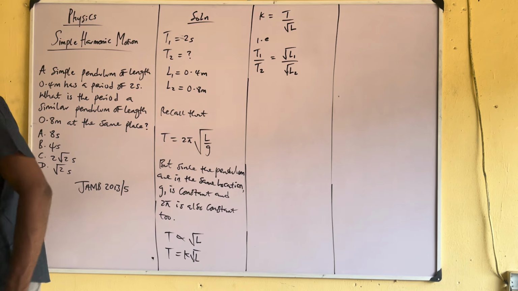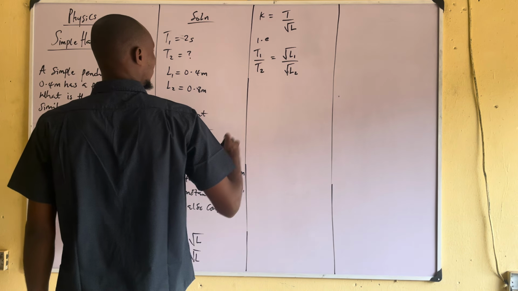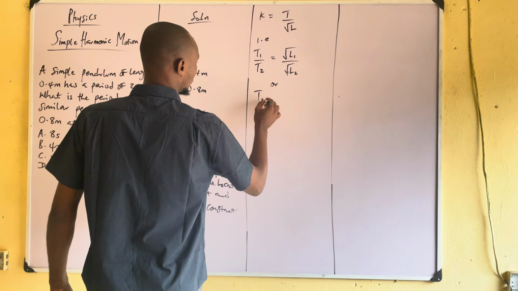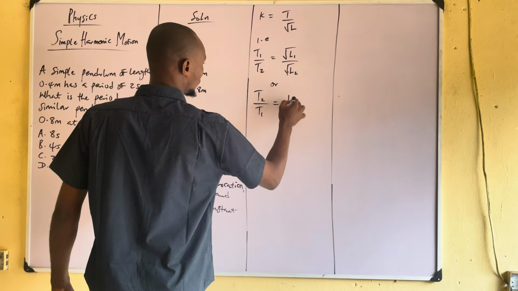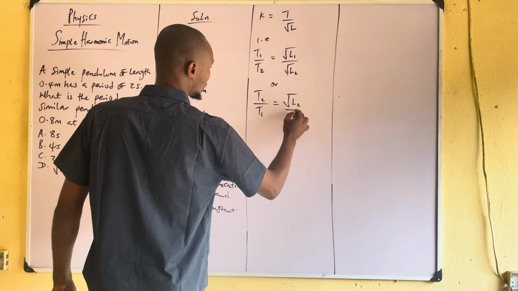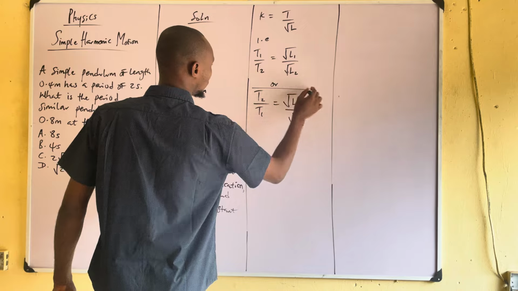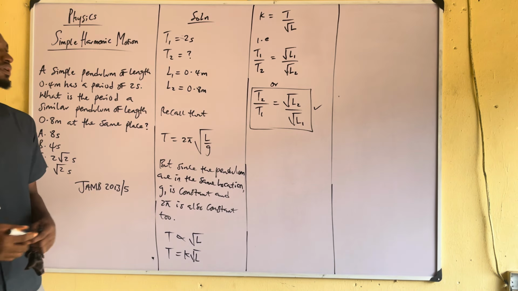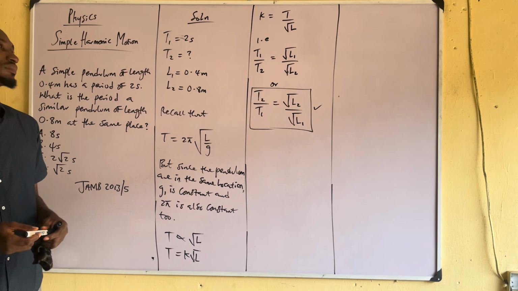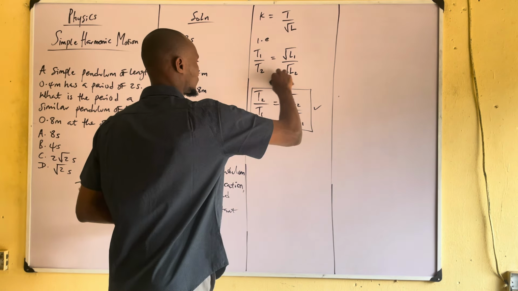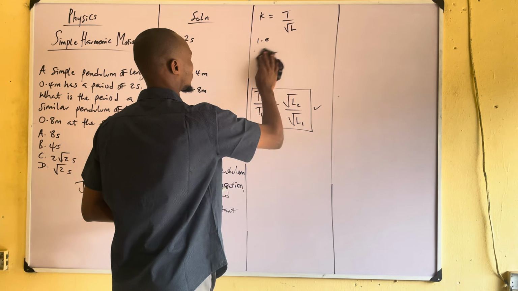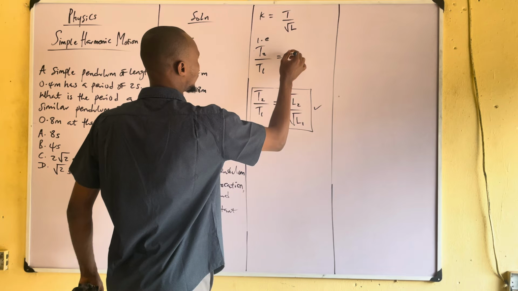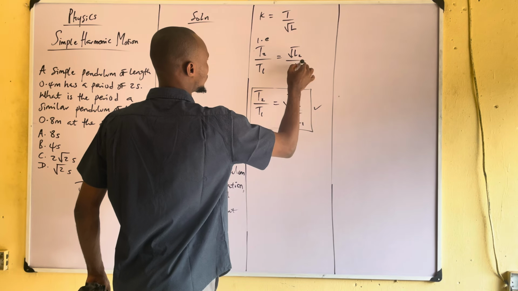You can say T2 over T1 equal to root L2 over root L1. Let's use this. So T2 over T1 equal to root L2 over root L1.